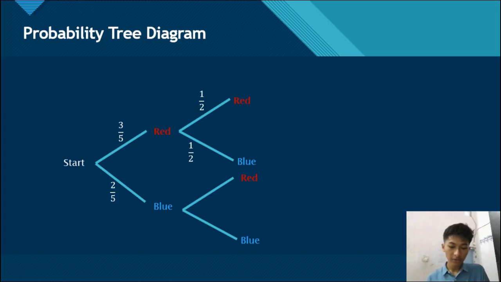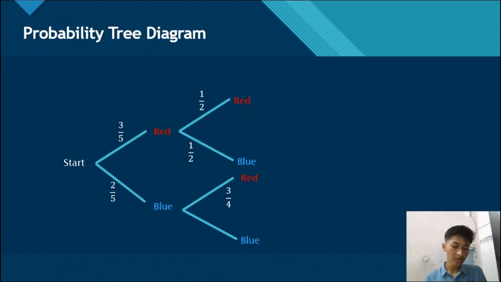So the probability of drawing a red sweet on the second pick, given that the first pick was red, is 2 quarters or a half. Also, if the first pick was red, there are still 2 blue sweets in the jar from a total of 4, so the probability of drawing blue is also 2 quarters or a half.